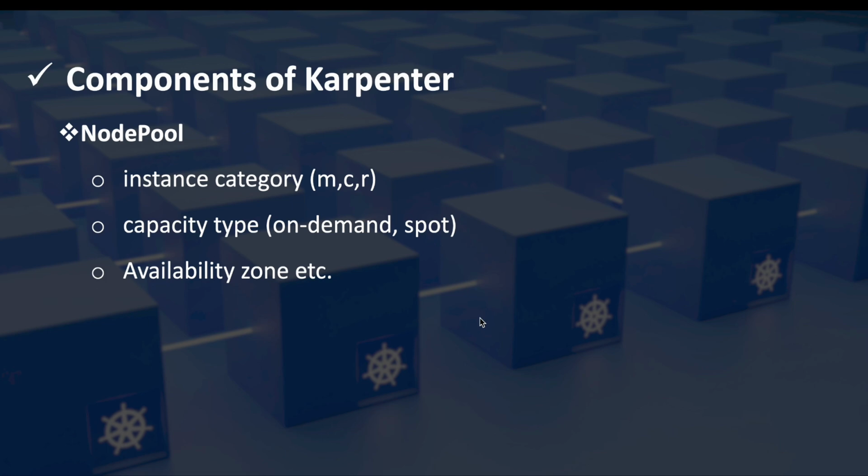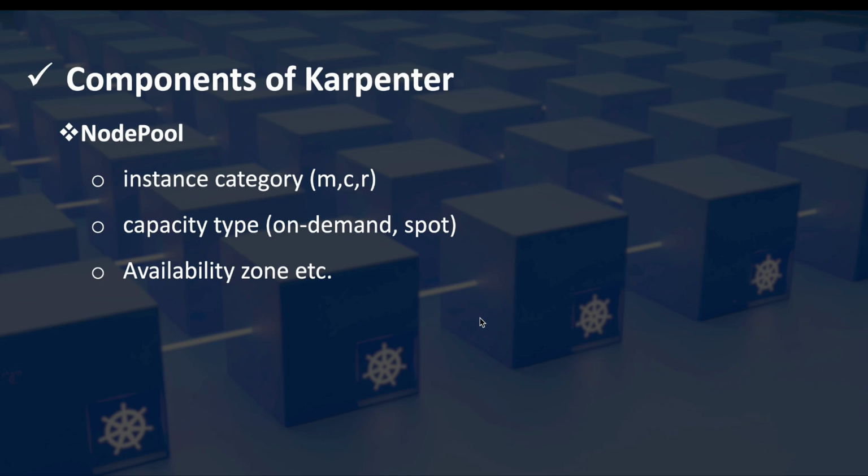It defines the EC2 type, like which type of EC2 instance: memory optimized, general purpose, compute optimized. So what kind of instances need to be run. We are configuring what kind of instance category you need to select when there is a request for a pod.